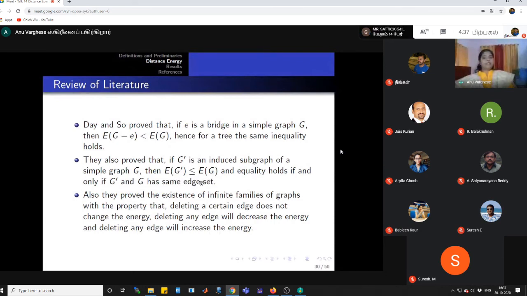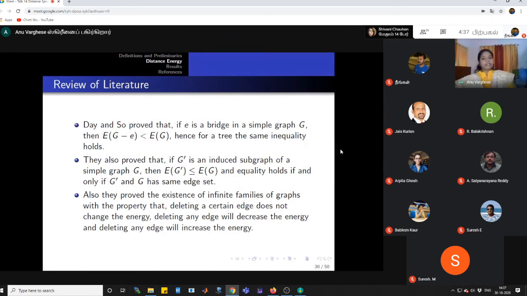They also found infinite classes of graphs with the property that deleting an edge increases the energy, infinite families of graphs whose edge deletion causes a decrease of energy, and infinite classes of graphs having no energy change on edge deletion.